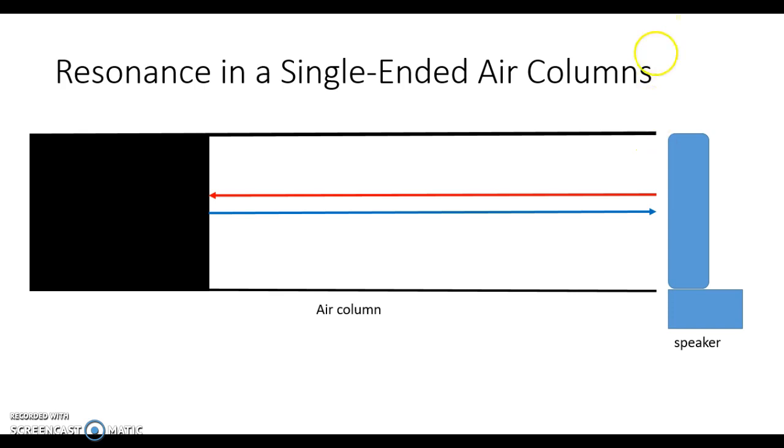The reason it's the loudest sound is because the sound that goes down the air column and bounces back is going to create a set of constructive and destructive interference patterns within the air column.